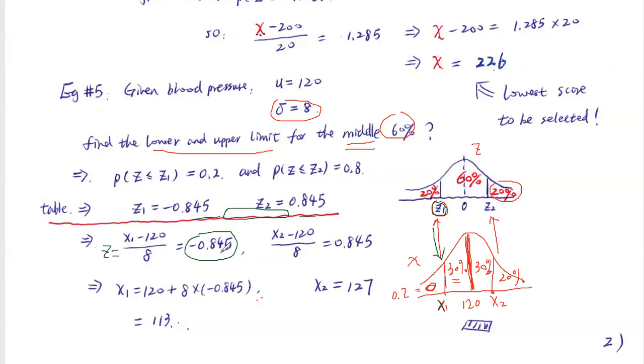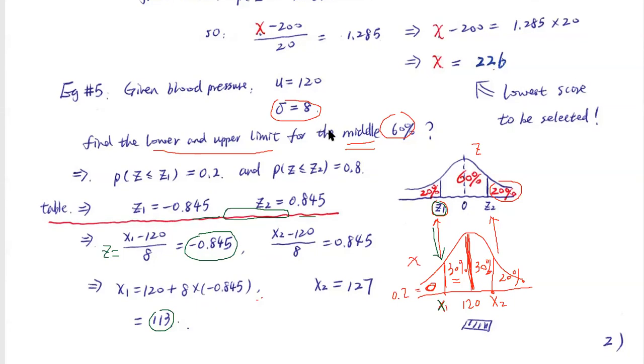Now we found Z from the table already. How do we solve for X1, everybody? Counting on your algebra teacher, right? Multiply by 8 on both sides, and then plus 120, so you get 113. That is the lower limit, everybody? Follow me? That's our lower limit calculation.